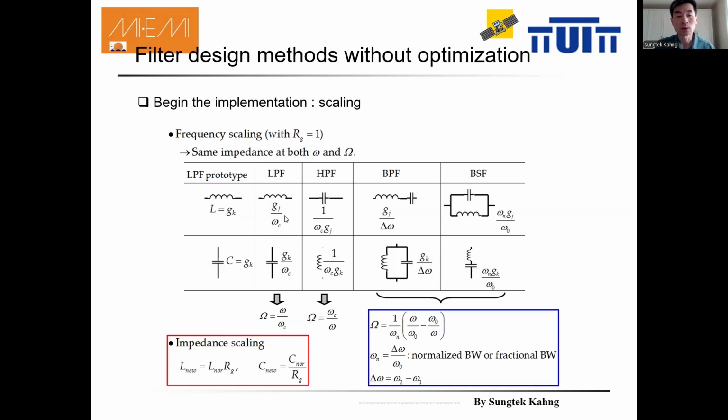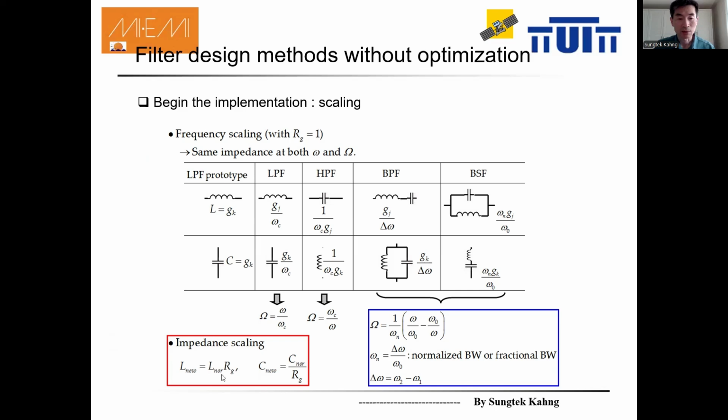For LPF, you will get the normalized frequency back to the right one by dividing by omega c like this. These formulae were already introduced in the textbook, so you can check that out again.